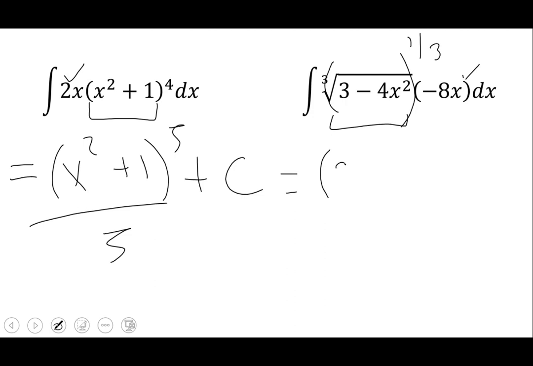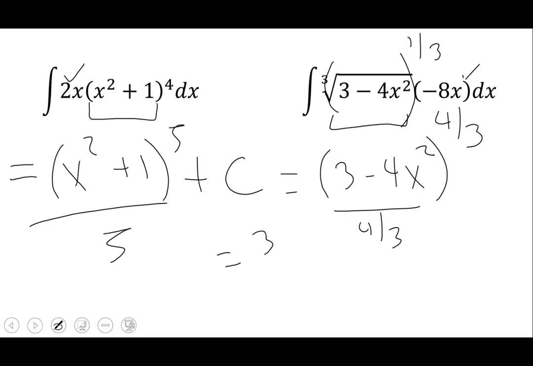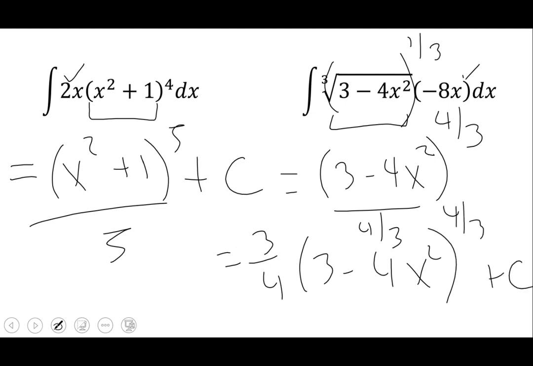You're going to take 3 minus 4x squared. 1 higher than 1/3 is 4/3. You're then going to divide by that same power, no compensation necessary, and then simplify your final answer to be 3/4, (3 minus 4x squared) to the 4/3 power, and of course, plus c.